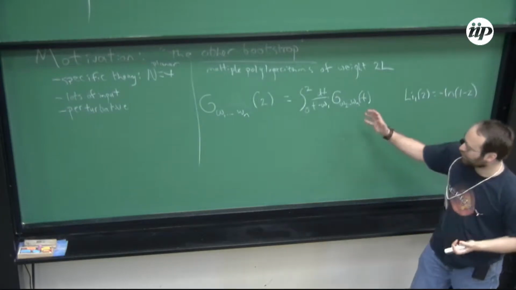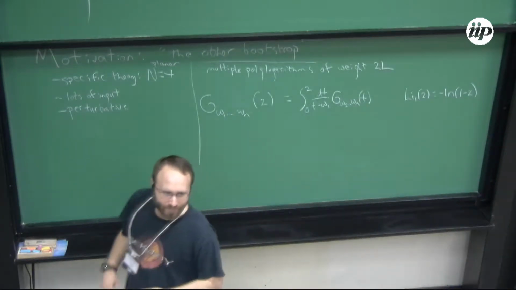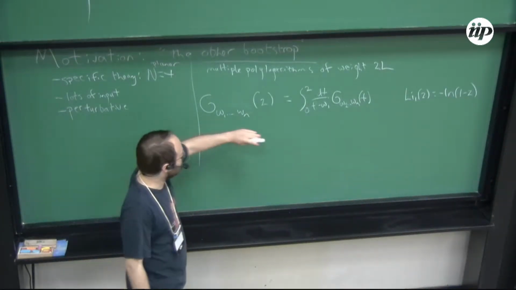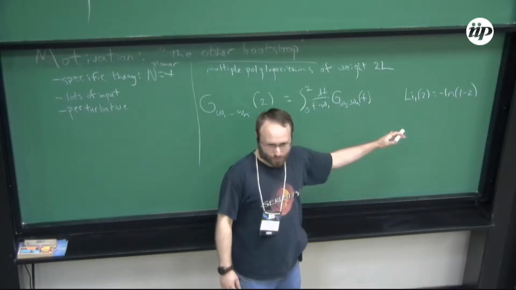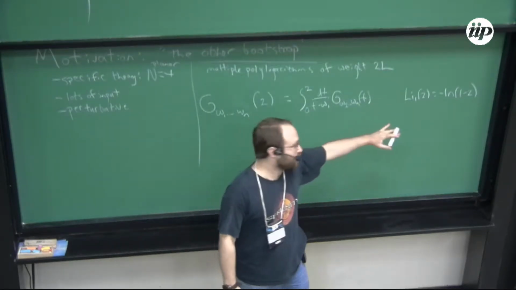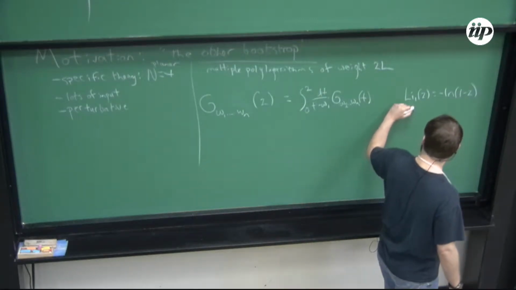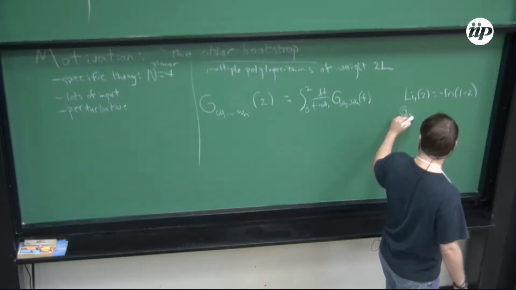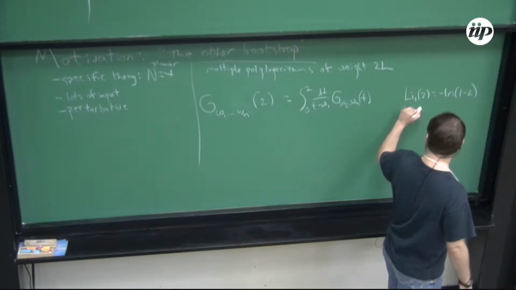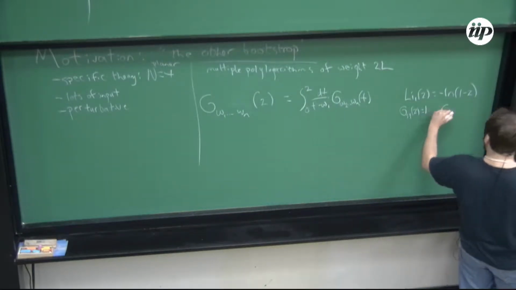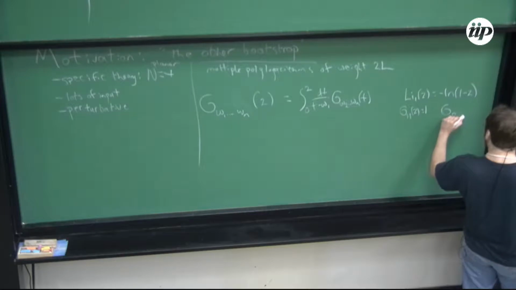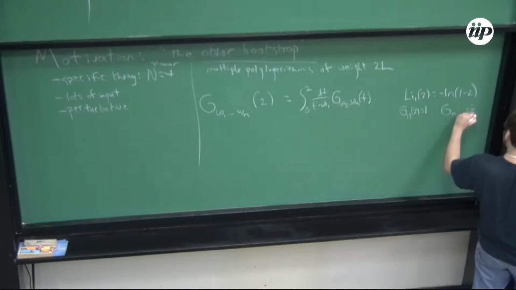So we've just, once again, chopped off the weight at one end, and once again we've got this nice recursive definition, and just like for the Lis, you've got a base case. Here it's G with nothing in the weight vector is just 1, and if you've got all zeros, then it's 1 over n factorial log to the n of z.